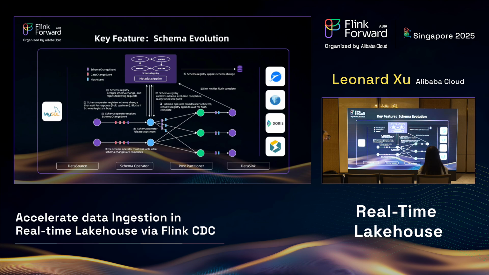Once all in-flight data have been flushed to the downstream table, the framework will tell the source, now you can apply the new schema, and then the metadata applier will execute the add column in the downstream table. Once the add column event is processed, we can continue to process new data with the new schema. That's a simple example of schema evolution.